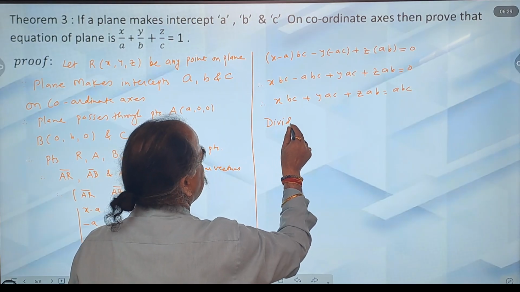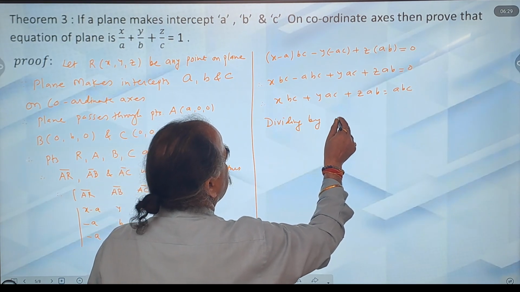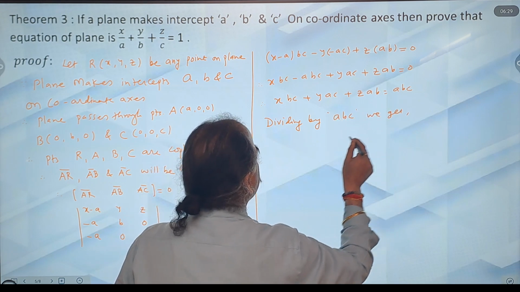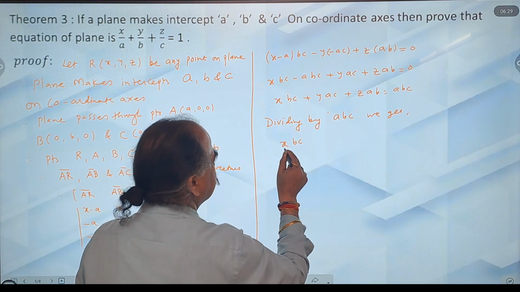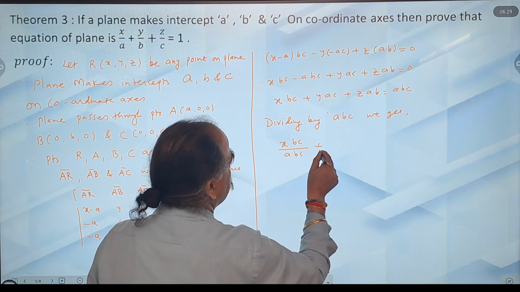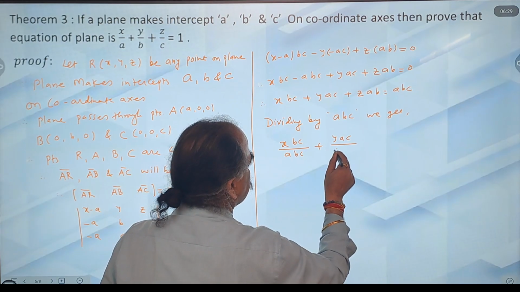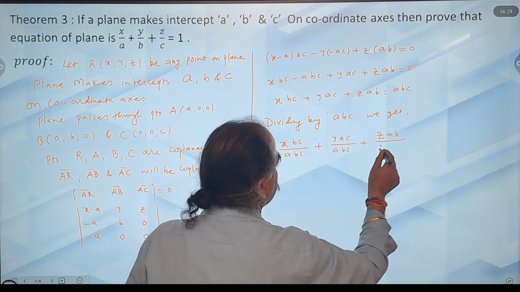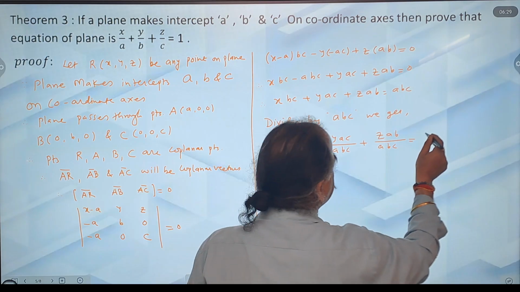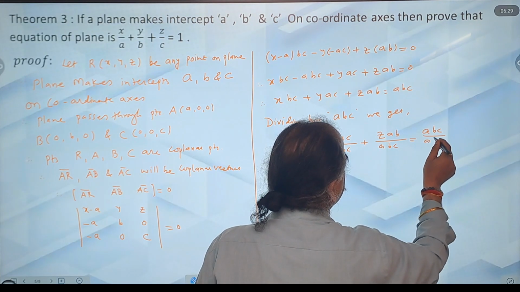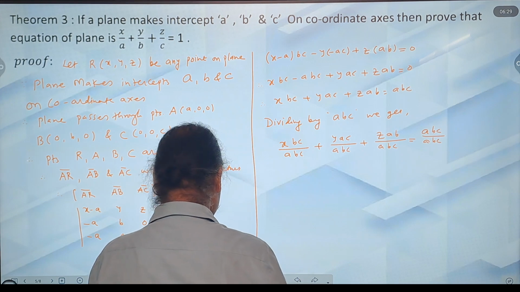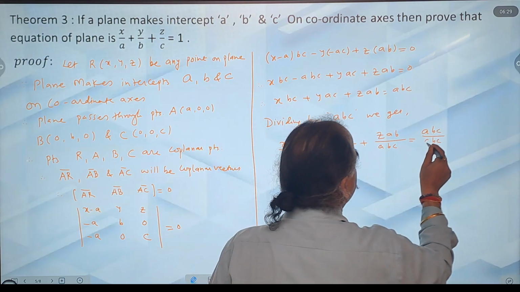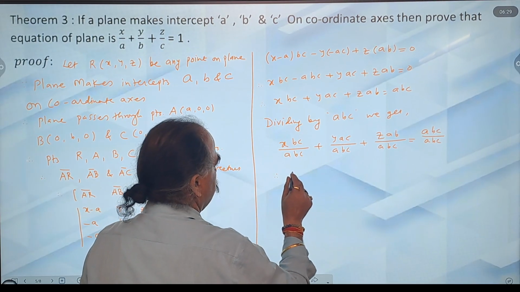Dividing by abc, we get x bc upon abc plus y ac upon abc plus z ab upon abc is equal to abc upon abc. bc will get cancelled.